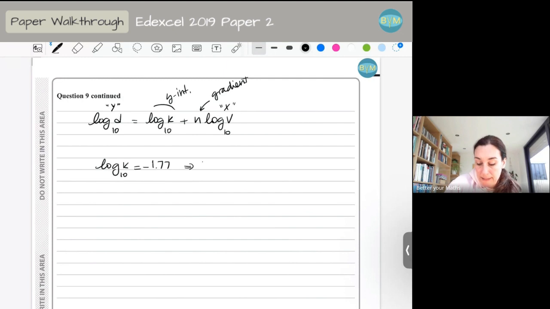So that means that k is 10 to the power of -1.77. You can check with the calculator, but we are going to get the value that they say. So 10 to the power of -1.77 is 0.01698. That rounded is 0.017.